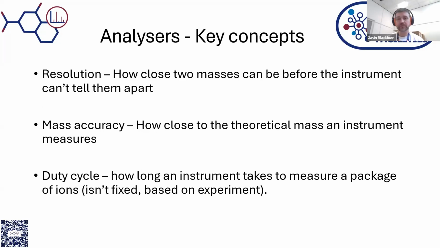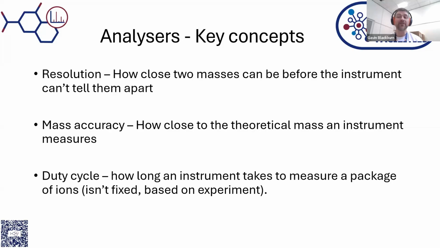As I mentioned, the vast majority of instruments that we have are based on this trap form. So Orbitraps and timsTOFs that we use, and we'll get on to why we particularly choose those instruments for what we do. So there are some key concepts to understand when we are talking about mass spectrometry. The first one to understand is resolution. Resolution is how close two masses can be before the instrument can't tell them apart. And you might think, well, some compounds are going to be different. They're going to have different formulas unless they're an isomer, in which case it will have the same mass.